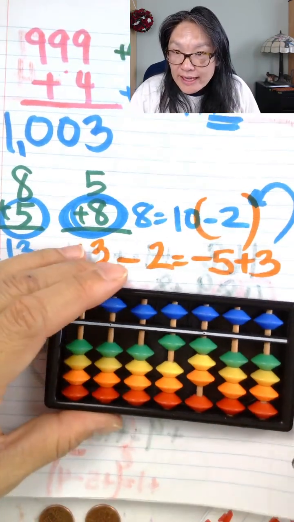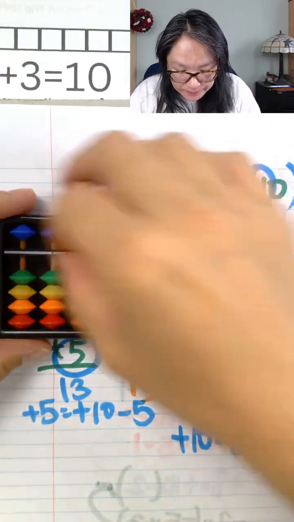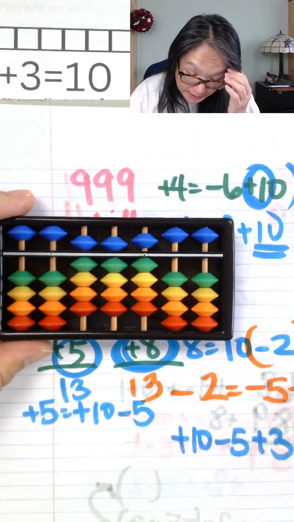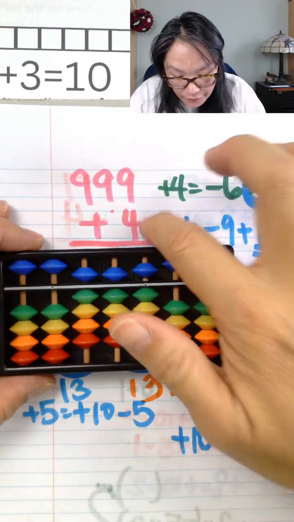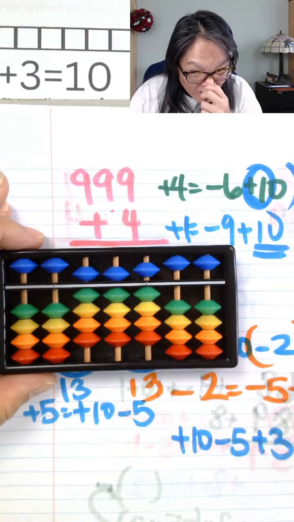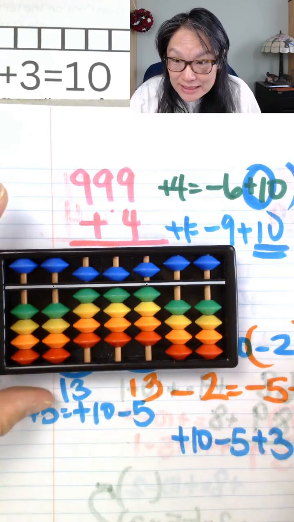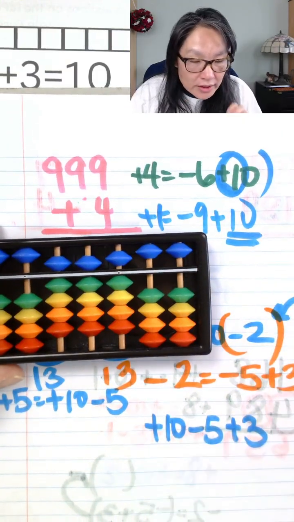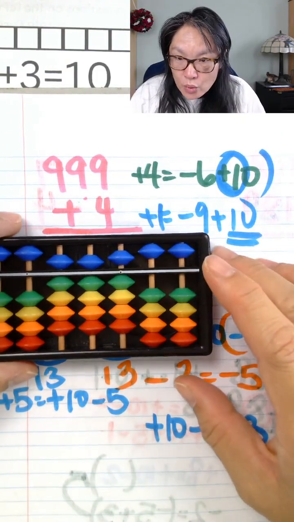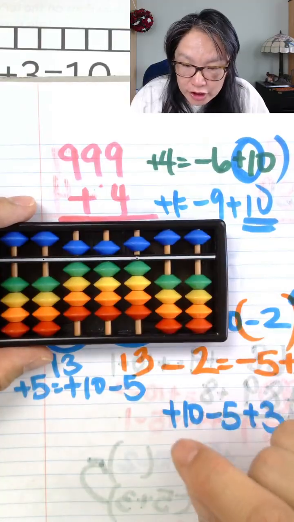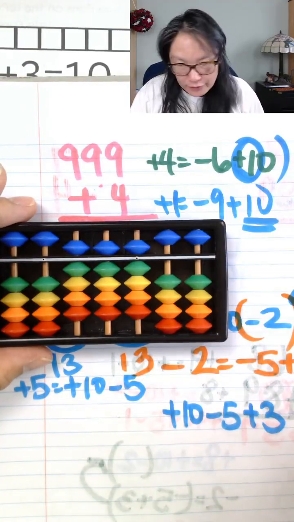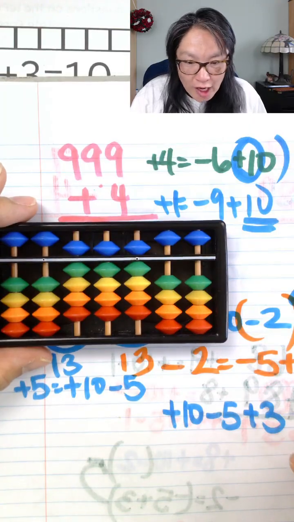So we can do it again. Here's another one. 999. We add 4, right? It's easy. When you understand the fundamentals, when you understand how to put your jacket on, you're never going to be cold. If you know how to take your jacket off, you'll never be hot. You know what I mean?